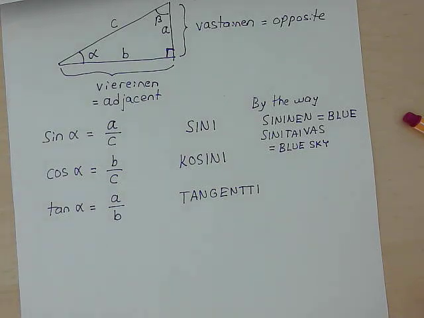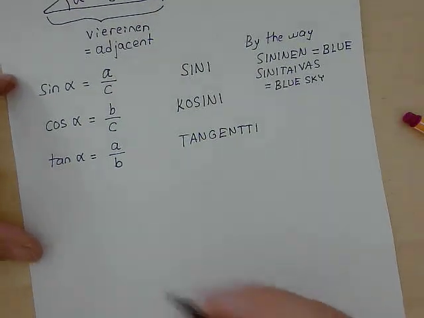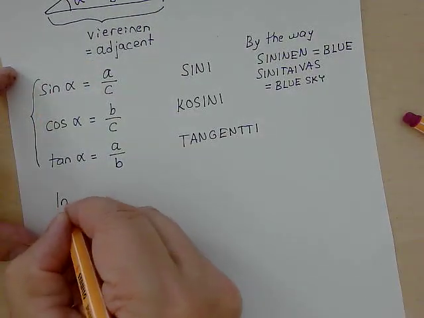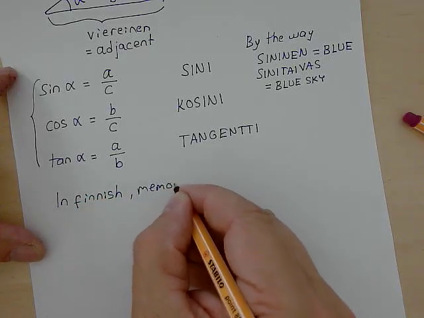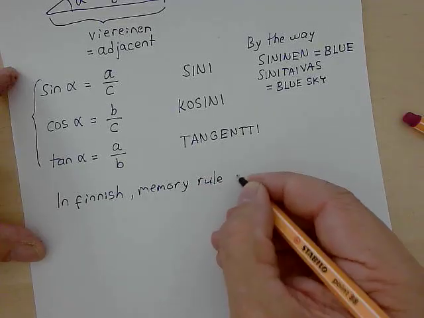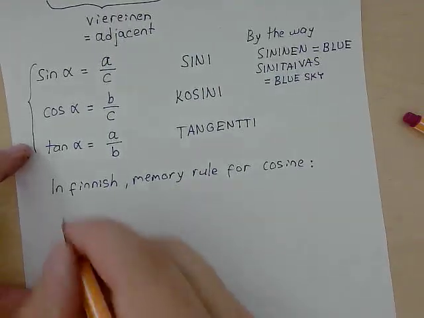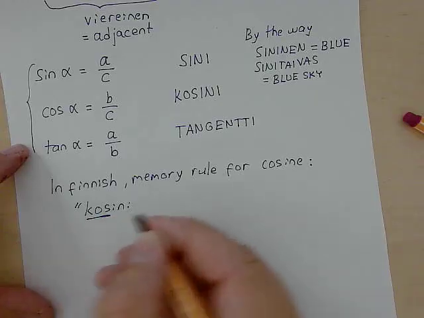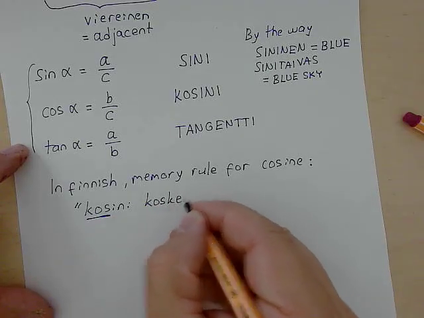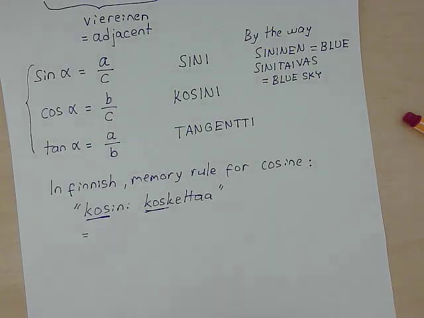But the memory rule for cosine in Finnish is: kosiini koskettaa. This means that cosine touches.